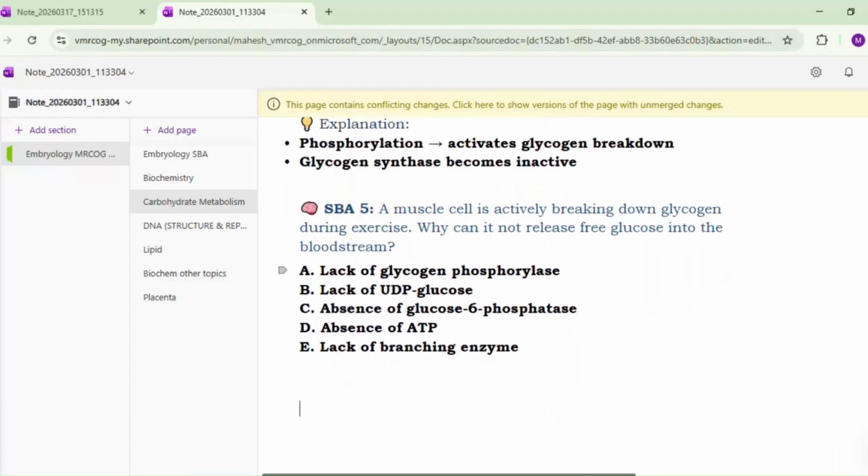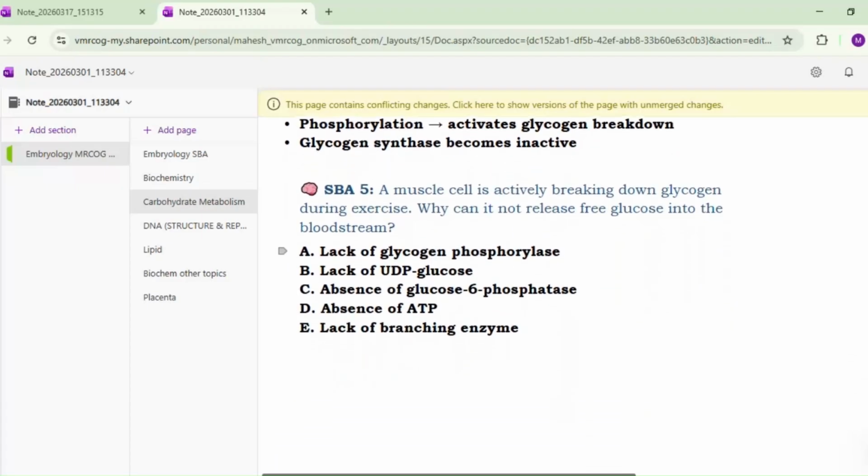Okay, next. A muscle cell is actively breaking down glycogen during exercise. Why can it not release free glucose into the bloodstream?